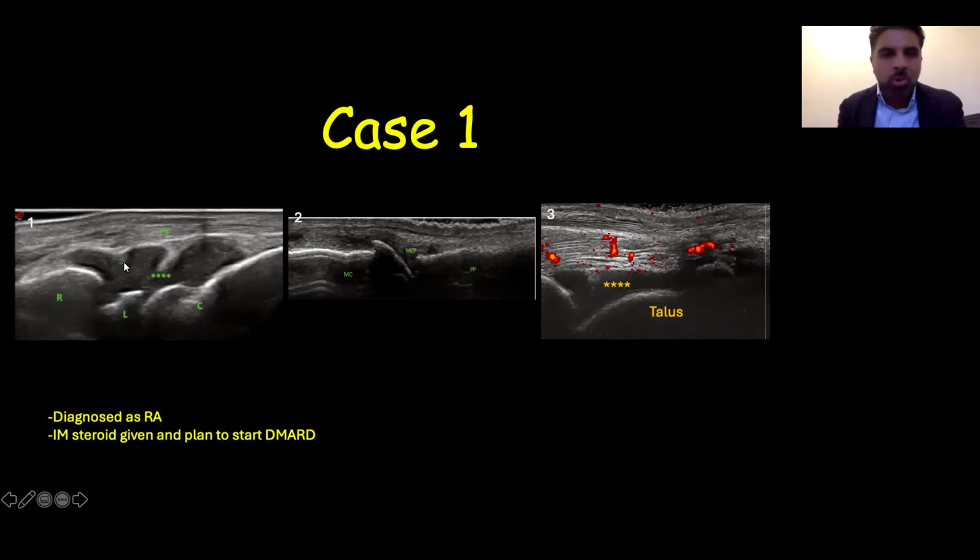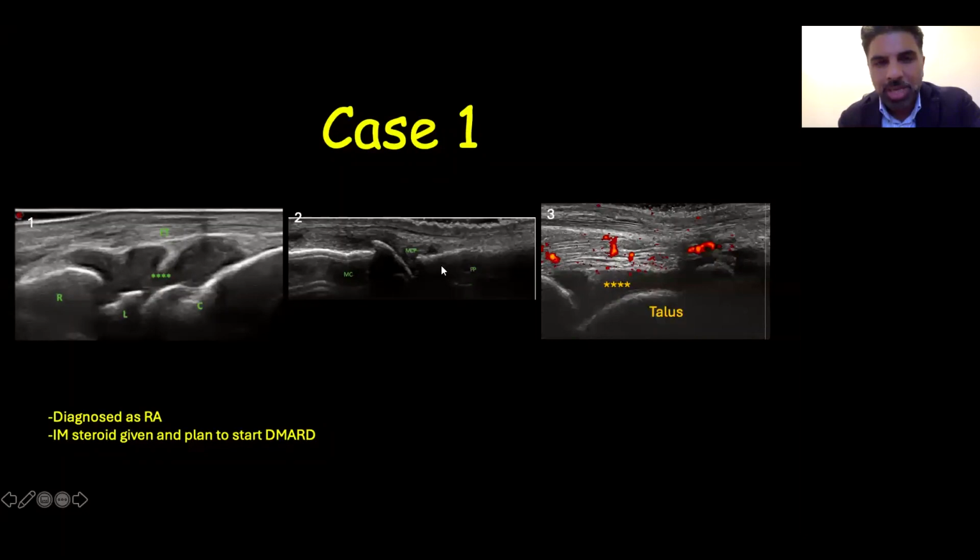That's not normal. It's normal to probably have a little bit of synovial hypertrophy, but this is quite significant. So that would indicate to me that there is something going on. I've not included any power Doppler there, but usually you should look for any power Doppler activity to see if there is any active inflammation or not.